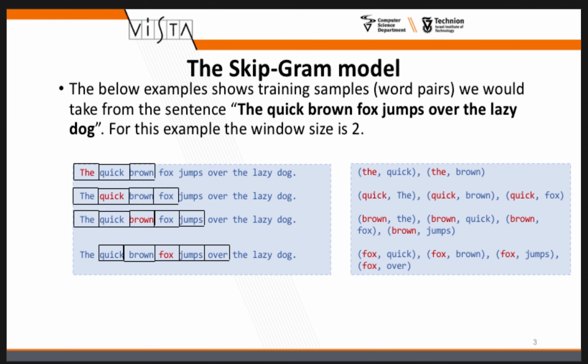We train on all our pairs, and then we have a neural network, a fully connected neural network, that learns to represent our inputs by a vector. We do it by pairs.